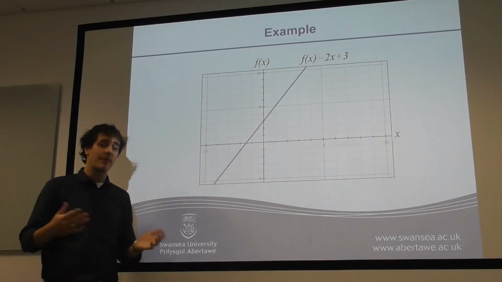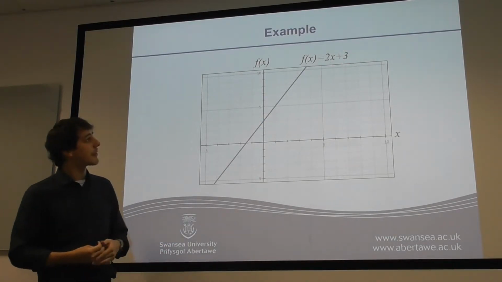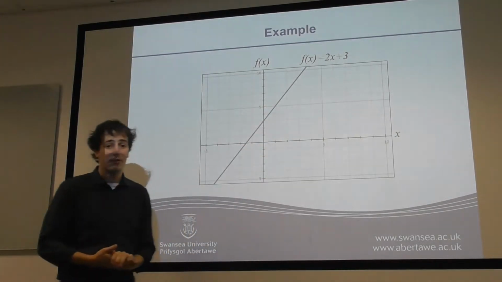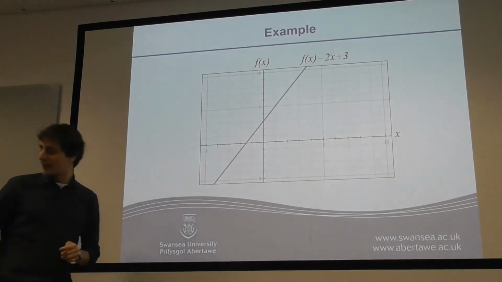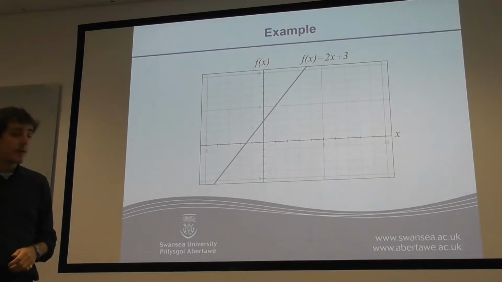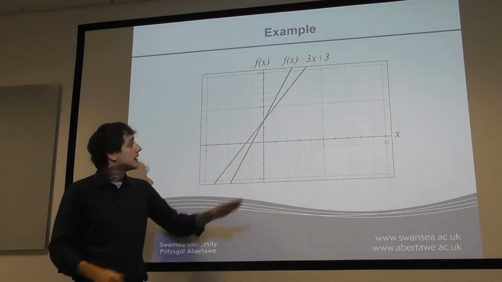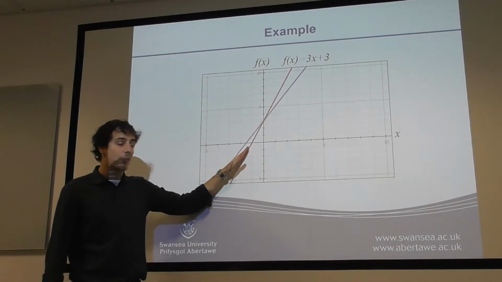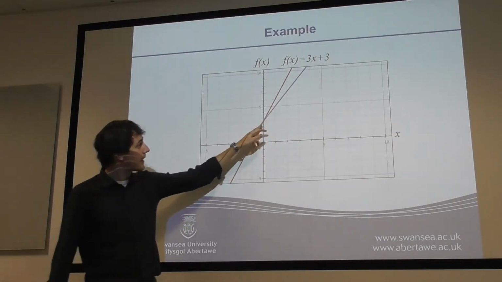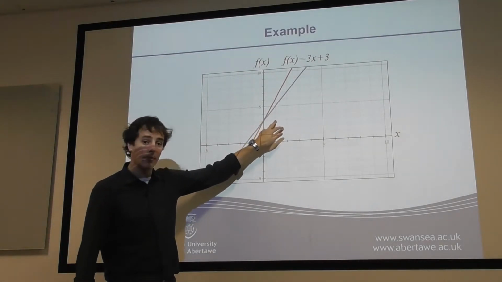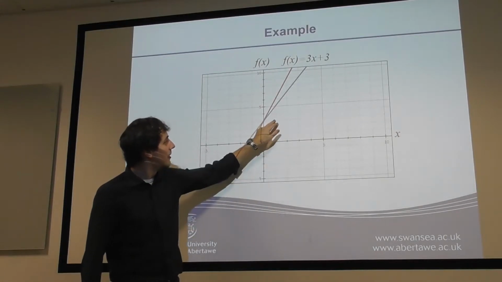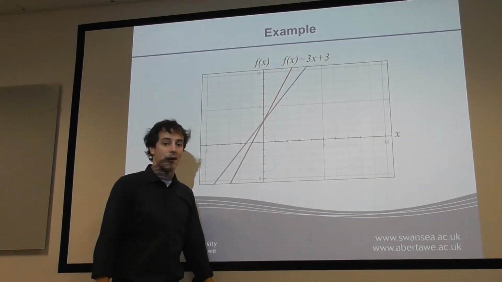Okay, so what happens if we change some of these numbers? What happens, for example, if we increase 2x to 3x? Well, the slope will increase. It will become steeper. So now if we move one across, we get 1 extra unit of x, we get 3 units of f of x.